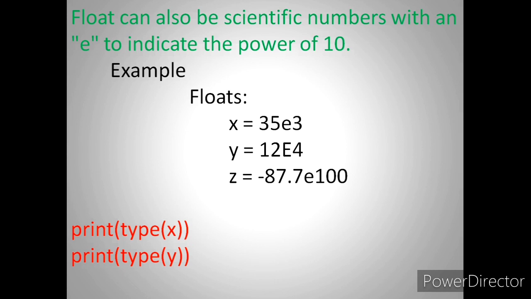We can have the exponent after the decimal also. So if you are writing minus 87.7e100, then also it is a declaration of a float data type. Again, with the same function, with a print statement, we can have print type variable name. It will show you that it belongs to the float data type.